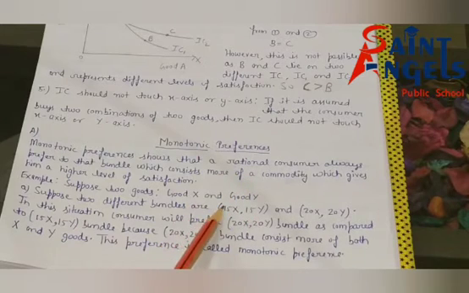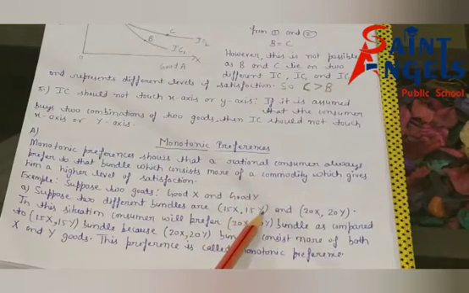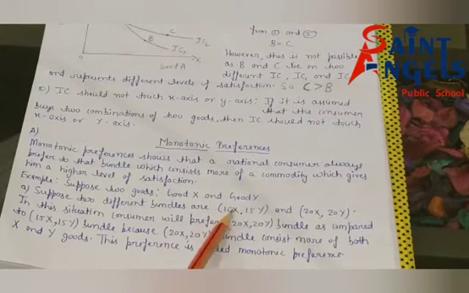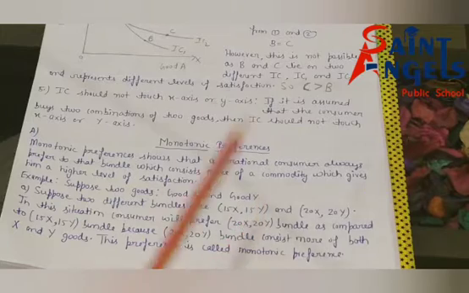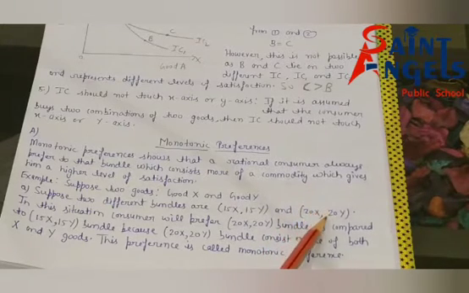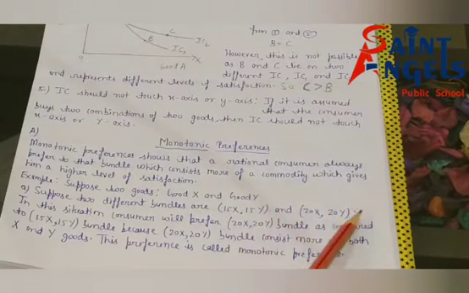First bundle is 15 units of good X and 15 units of good Y. Second bundle consists of 20 units of good X and 20 units of good Y. I hope all of you have understood.